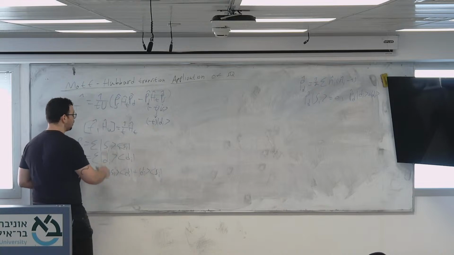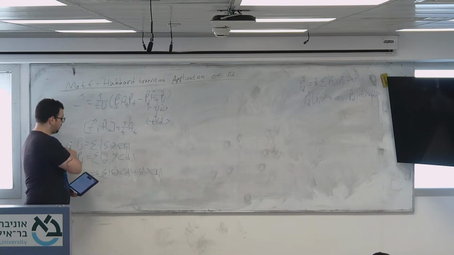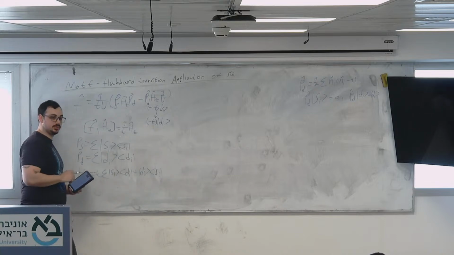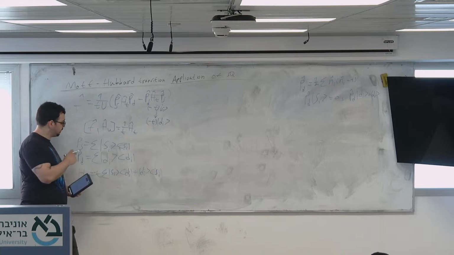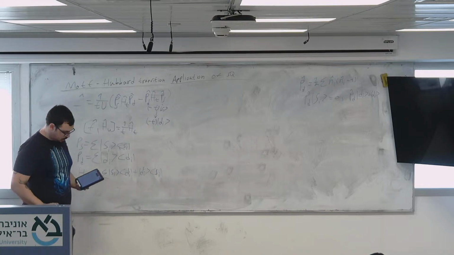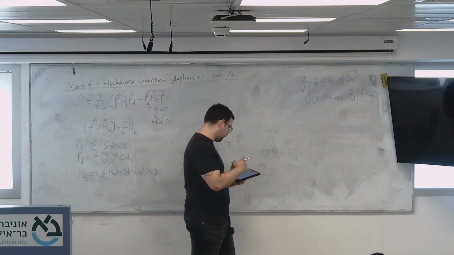You can check what I said in a much simpler way in first quantization if you really want to do it by yourself. Check using this. It's a much simpler way to write it.